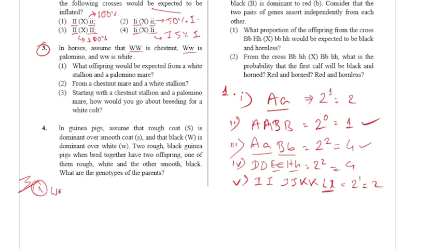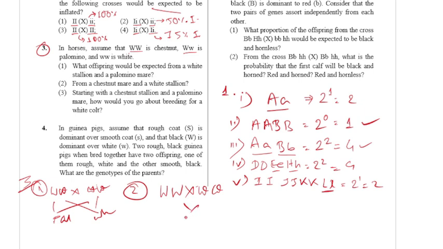Capital W small w is a palomino, crossed with a white, small w small w. In that case, we can get palomino and white. Case number 2, a chestnut mare with a white stallion. Chestnut is capital W capital W, and white is small w small w. All will be capital W small w, that will be palomino.